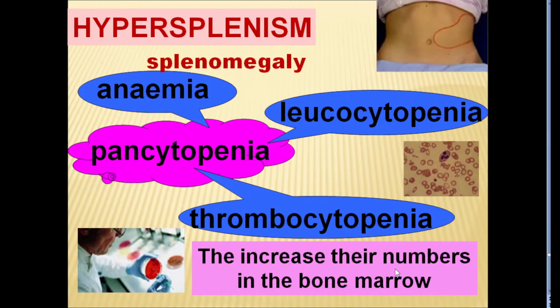And I'll again pay your attention: we are talking about hypersplenism due to increased functional activity of the spleen, which manifests with splenomegaly and pancytopenia in blood analysis.